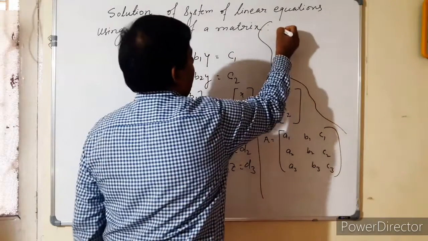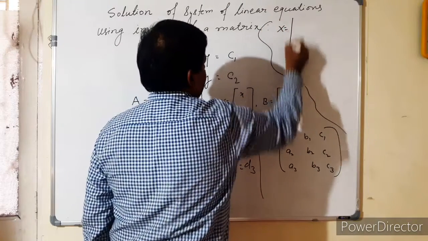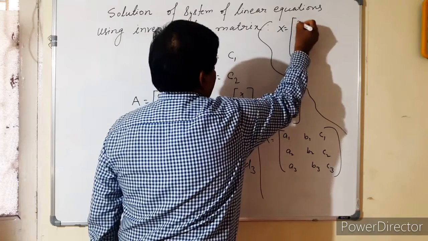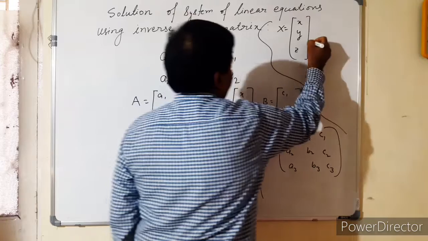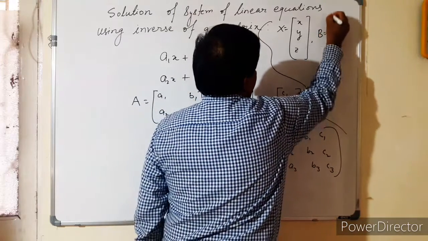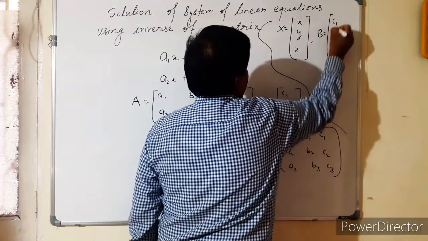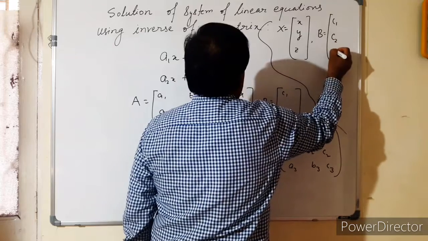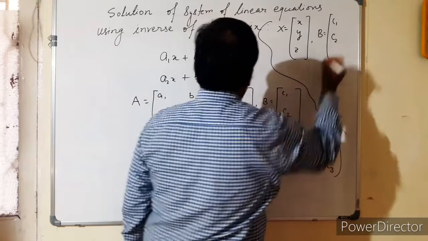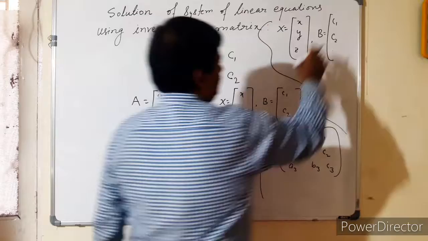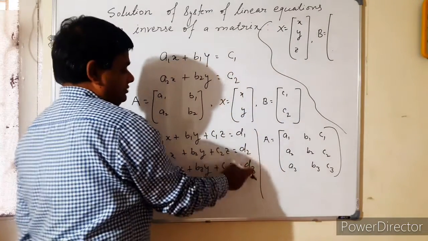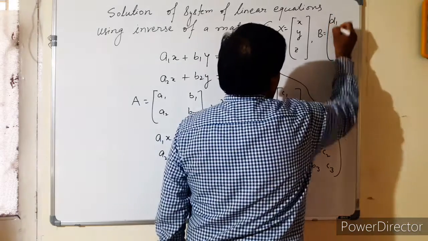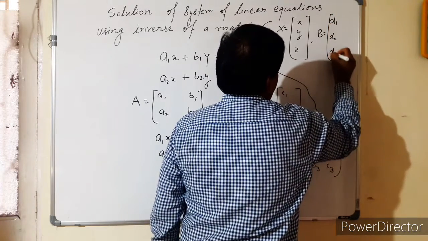Here X is equal to x, y and z, there are three variables, and B is here d1, d2, d3.